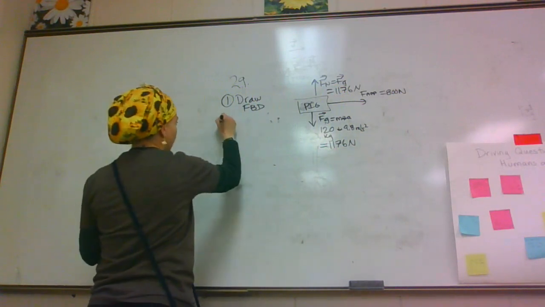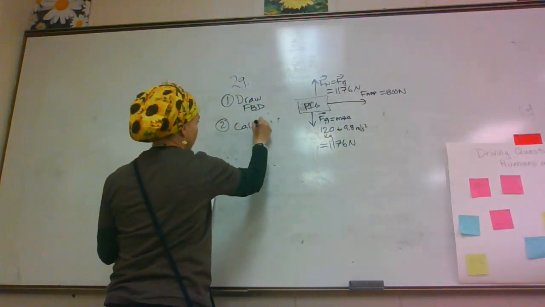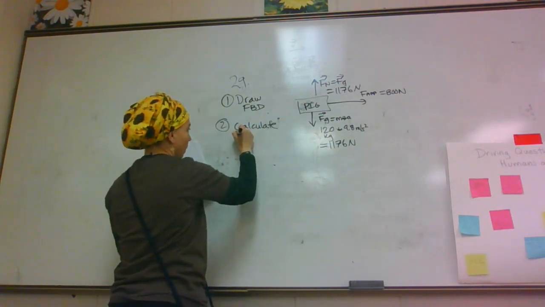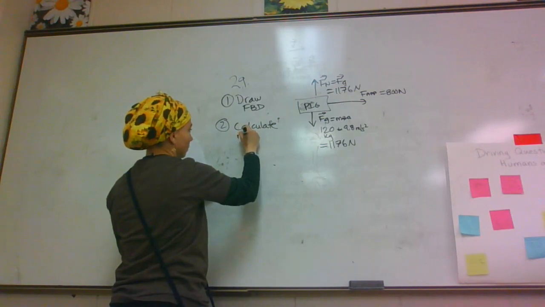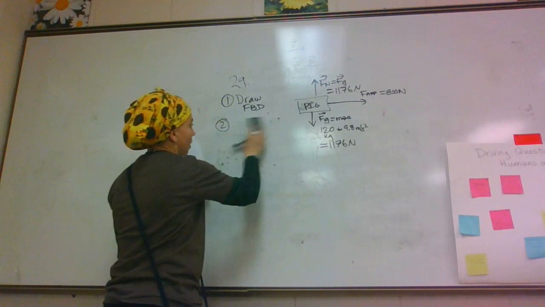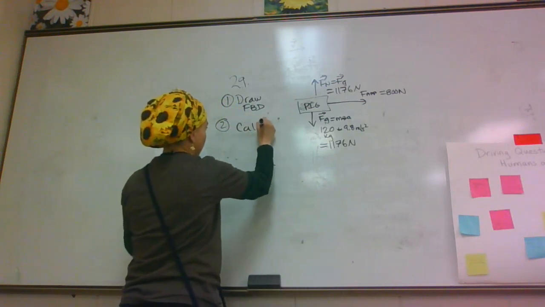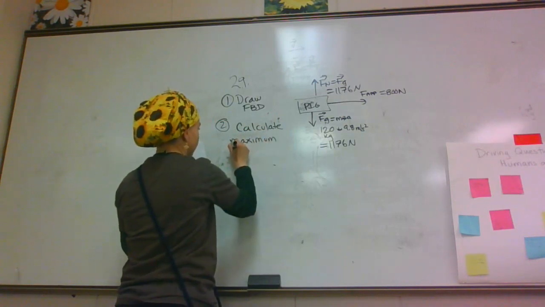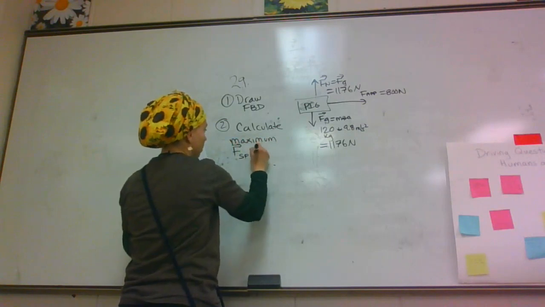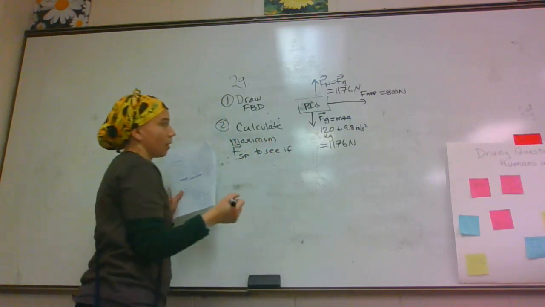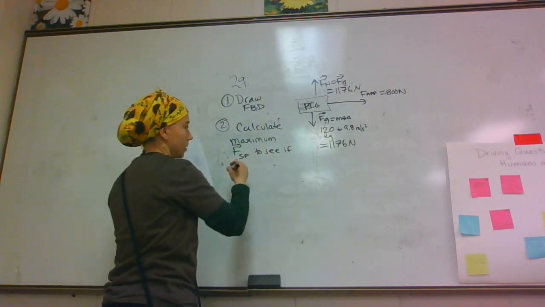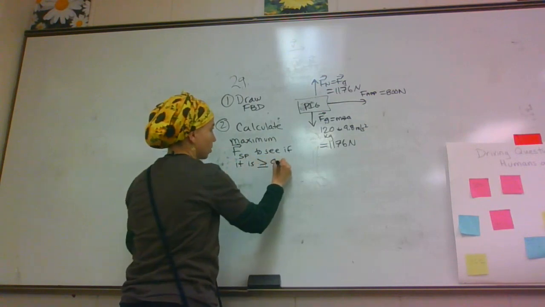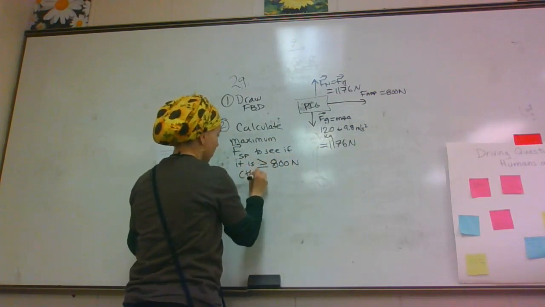So now that I have my free body diagram, my second step is to calculate the maximum static friction that is possible, to see if it is large enough to keep the pig stationary, to see if it is greater than or equal to 800 newtons, the applied force.